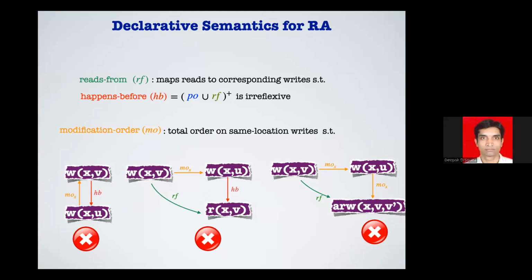Okay, what does that mean? So for example, if I have a write that modifies after, then that should also happen after. Exactly. Where did you say in the slide that MO should agree with HB? The first figure.